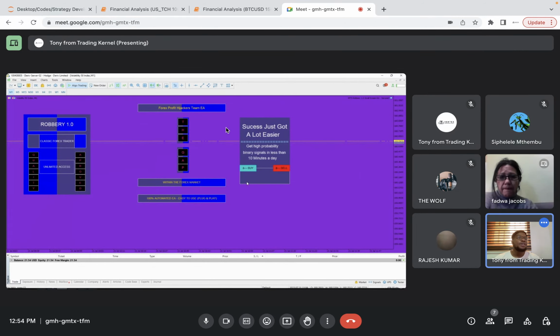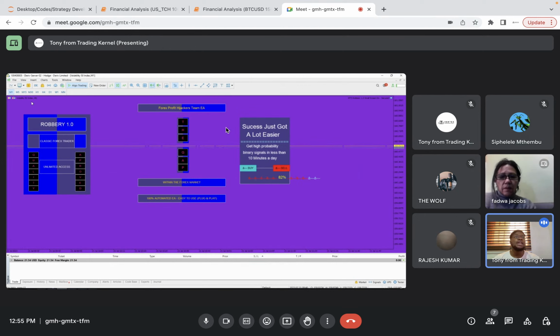Alright, so you can see everything that's currently loaded up on the MT5. I don't know how many hours it's going to take to take its first trade. But so far, what we've seen about the trading strategy is this. Before the Robbery takes trades on your platform, there needs to be a trend on the currency or the security you're trading, and in this case, it's the Volatility 50 on the 1 minute time frame.